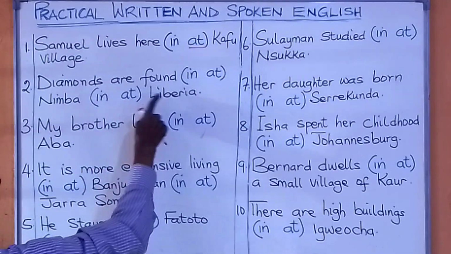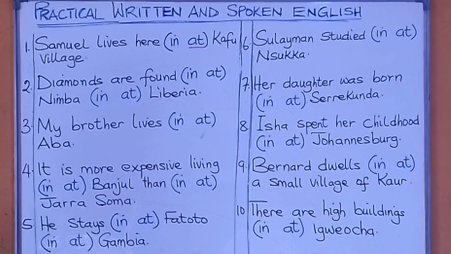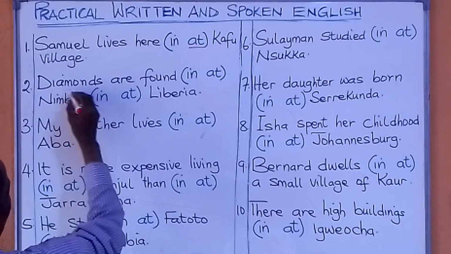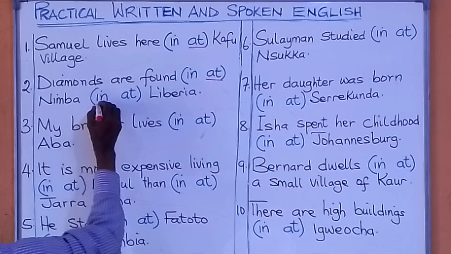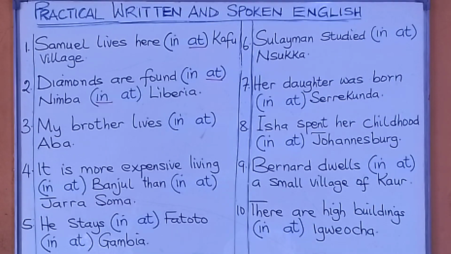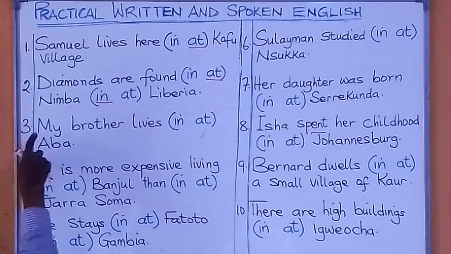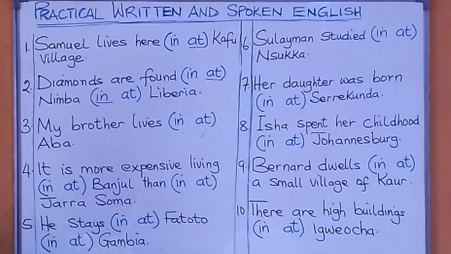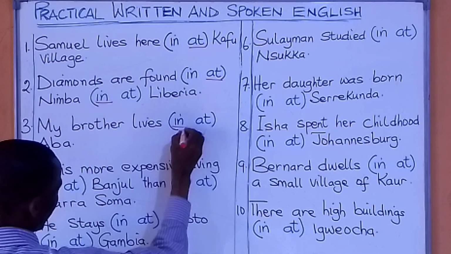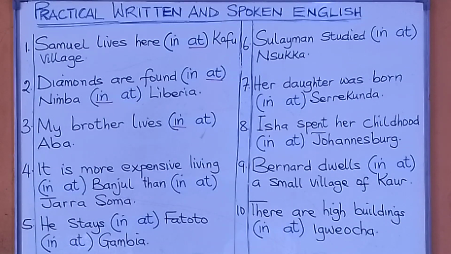In Liberia, at Liberia. What are we going to write? Diamonds are found at Nimba in Liberia. Number 3. My brother lives in Aba, at Aba, a big city. What are we going to underline? My brother lives in Aba.